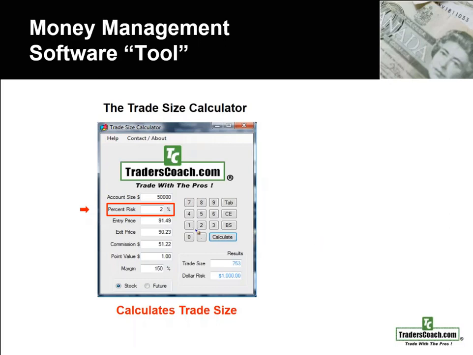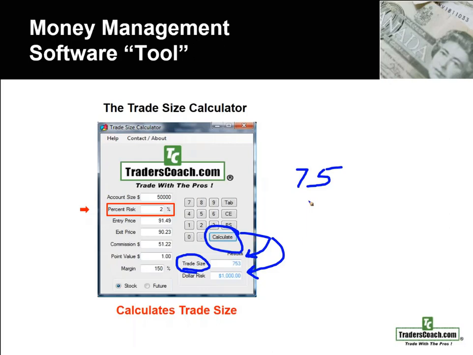Then when you put in these variables, the entry price and the exit price, and hit calculate, it's going to give you some numbers down here. These numbers are basically the trade size, which is also known in the industry as the position size. This is a maximum number, so it has 753.